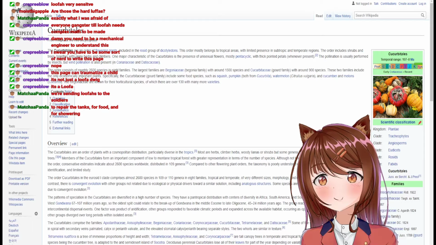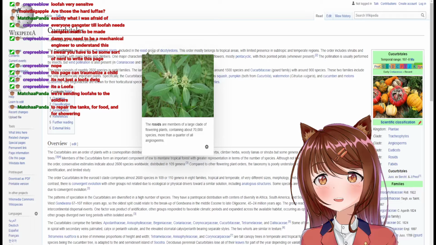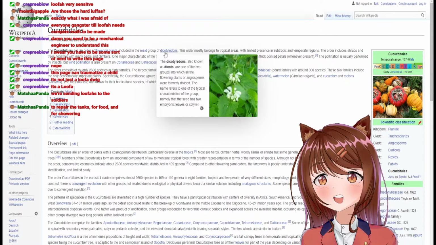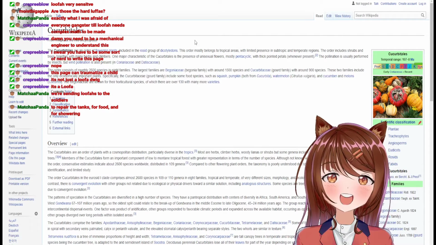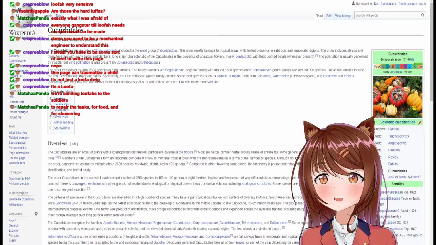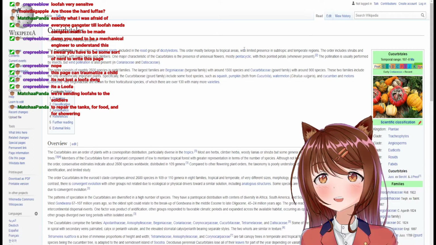The Cucurbitales are an order of flowering plants, included in the rosids group of dicotyledons. Yeah. This order mostly belongs to tropical areas. Nice.